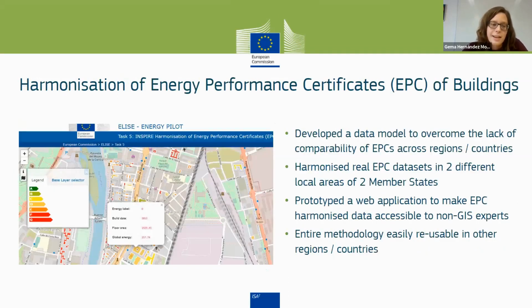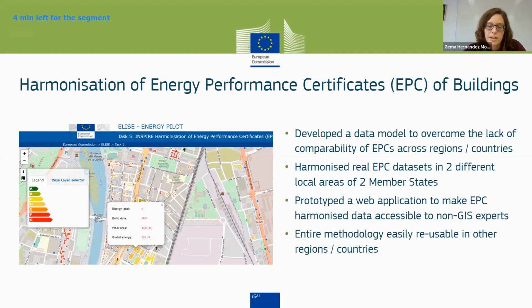And then finally, I would like to talk about the harmonization of energy performance certificates of buildings, where both the GRC and also other colleagues from Cartier, for instance, Victor, I think is here, we developed a common data model to try to be able to compare different energy performance certificates in different regions and countries.